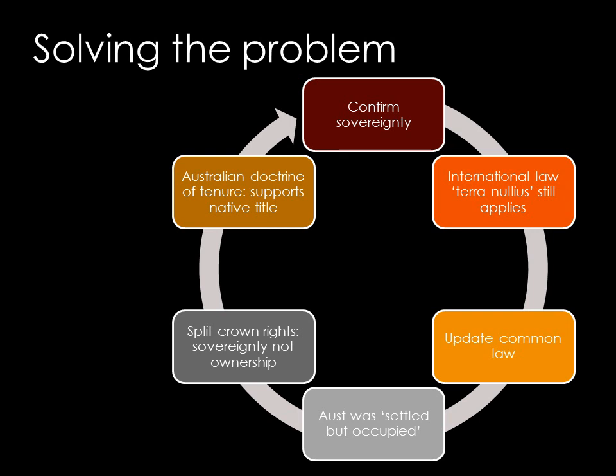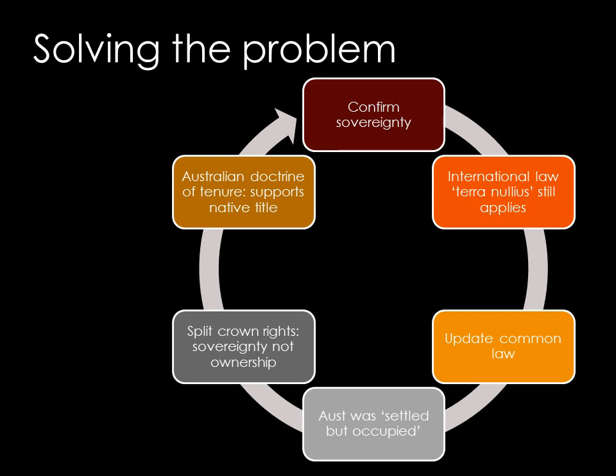The court found that Australia was settled but occupied, so they effectively created a new category, and this would have implications for the way in which the law itself was received or interpreted.